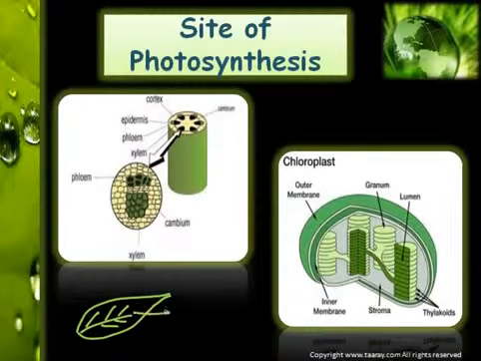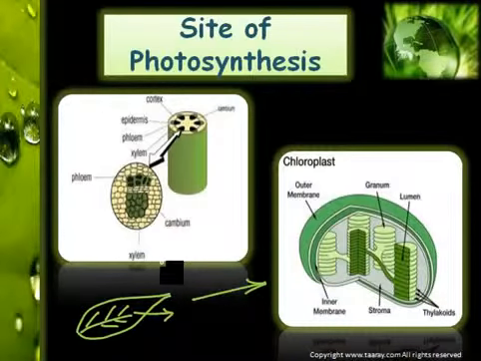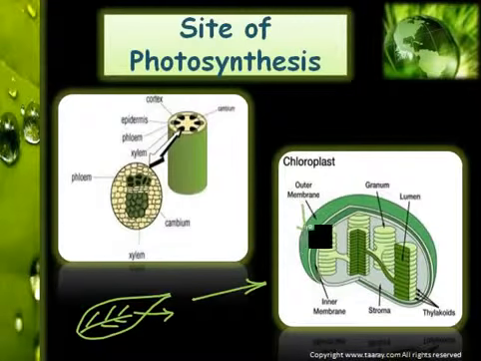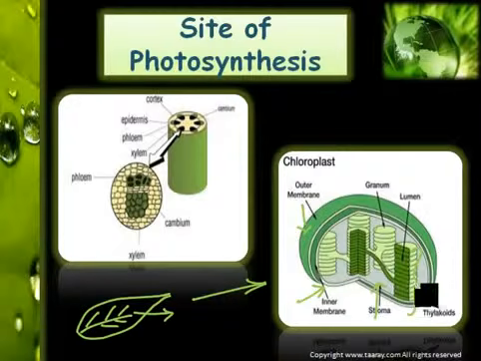Now this leaf has small structures called chloroplasts. These chloroplasts are the main organelles of plants which undergo photosynthesis, and they have the green colored pigment chlorophyll; the green color of plants is due to the chloroplast. The chloroplast has an outer membrane, an inner membrane, the stroma, grana, and the lumen which has coin-like structures called thylakoids.